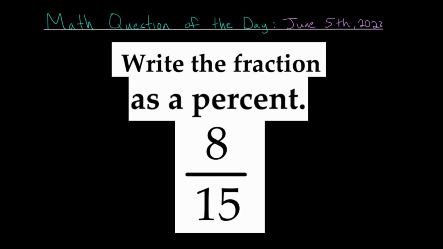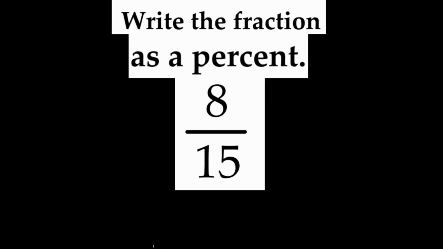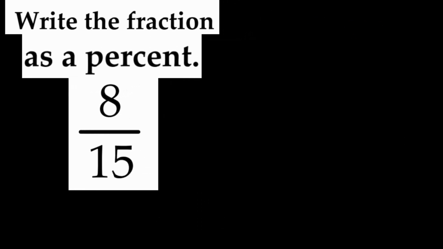Now, assuming that you have attempted the problem, let's start working through this. The general strategy is that we can first convert this to a decimal. And then once we convert this to a decimal, we can just multiply that by 100% to convert it to a percent.